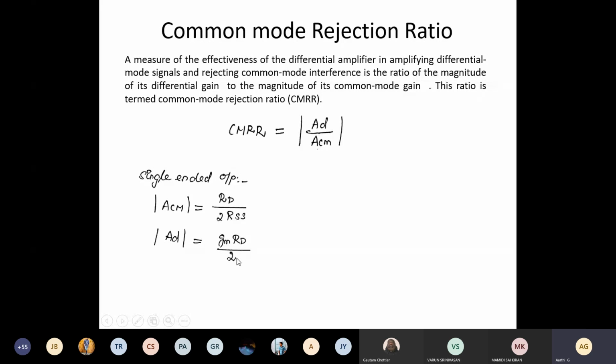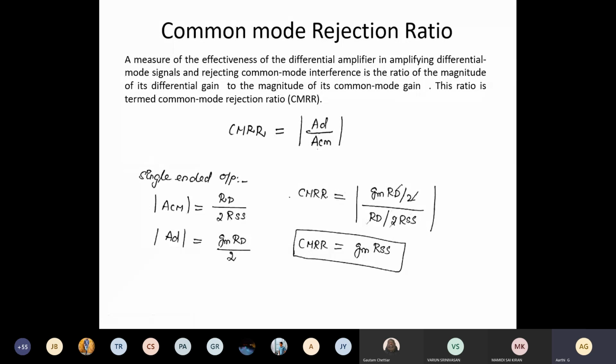I told you to note it down. Substituting in the CMRR equation, GM RD by 2 divided by RD by 2 RSS, the common terms cancel, and finally our CMRR expression is GM into RSS. This is CMRR for the single-ended case.